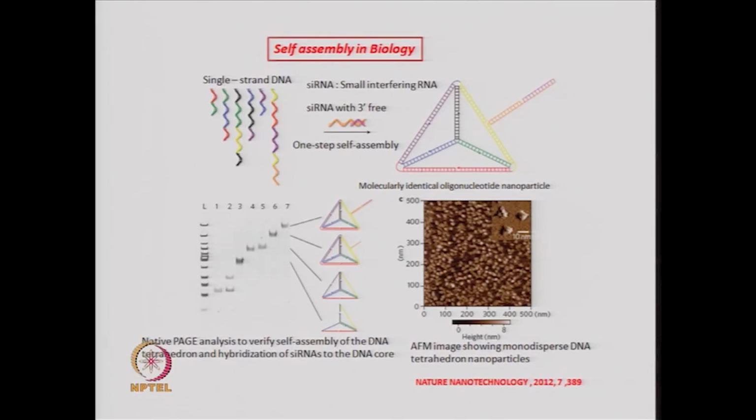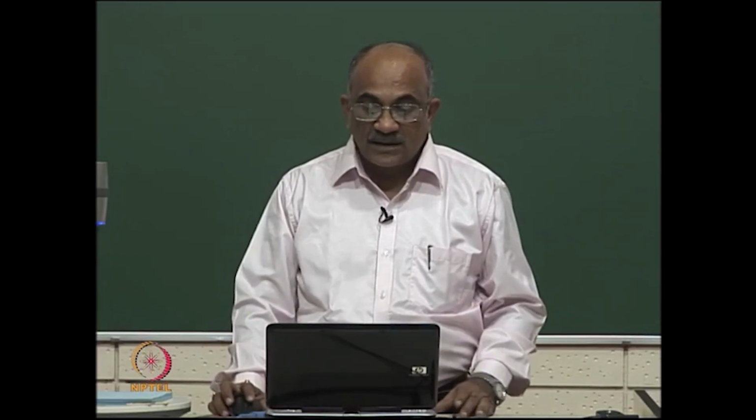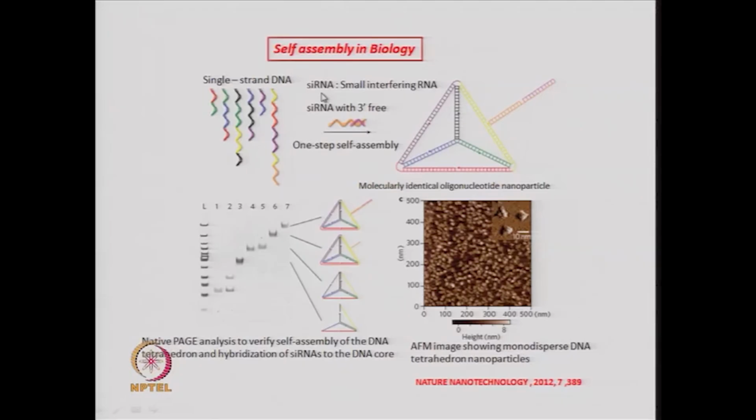So that it becomes a double helix, but if you add a molecule called small interfering RNA, or siRNA, then this siRNA can bind to the single strand DNA, and then that DNA will not be able to form a duplex.